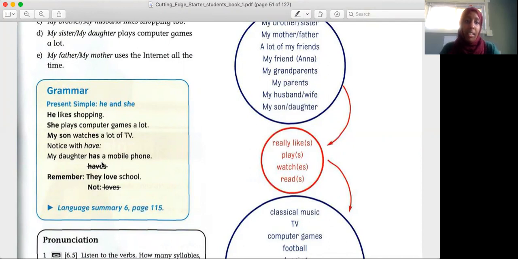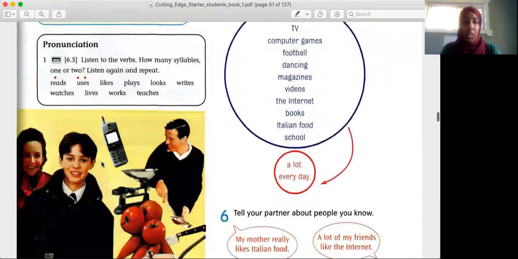Why? Because they is treated as a singular, just a group of people. So it's one group, I think. All right, moving on.